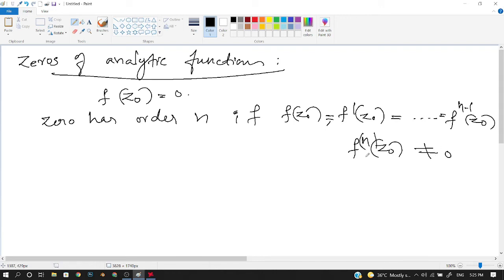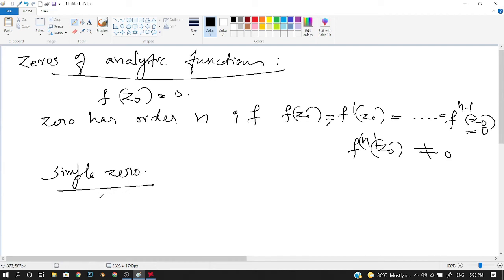That means the nth derivative is not equal to 0 and all the lower derivatives are equal to 0. A zero of order 1 is called a simple zero.